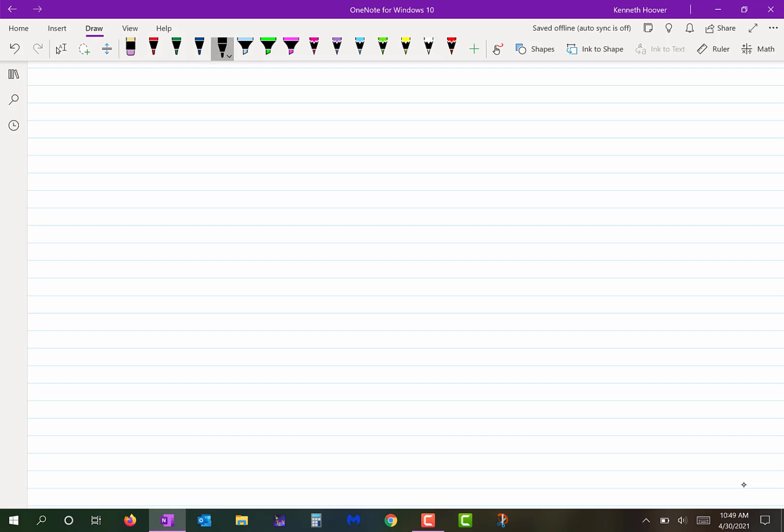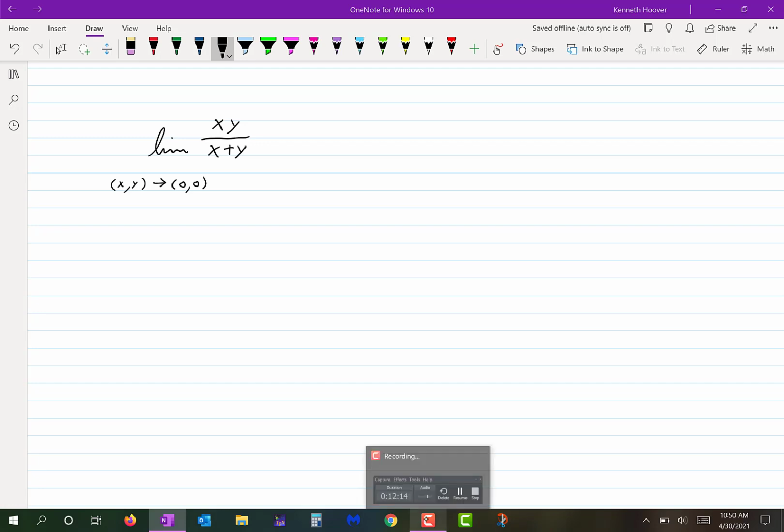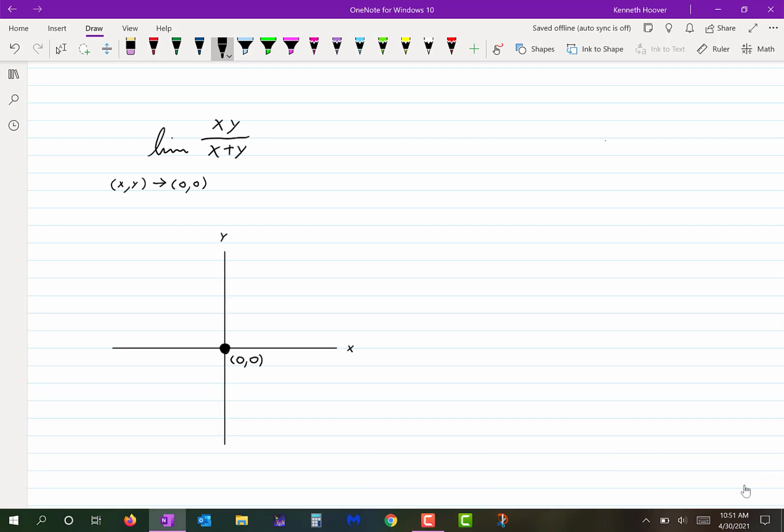Let me write here what was here a few minutes ago. The limit of xy over x plus y as xy approaches the origin. Okay, I'm not going to ask you that. It's a bit too complicated at this level.